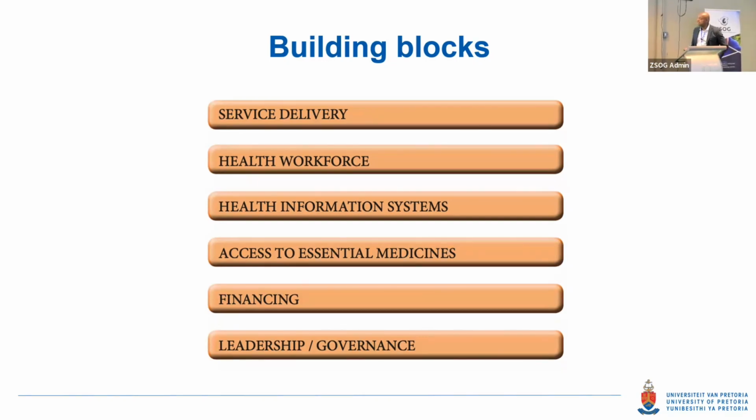That is looking at service delivery, health workforce, health information systems, access to essential medicines, financing, and leadership and governance. And that will go for any service delivery that you want to implement in the health industry.